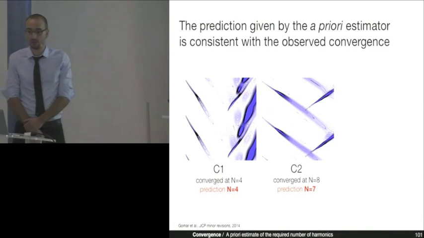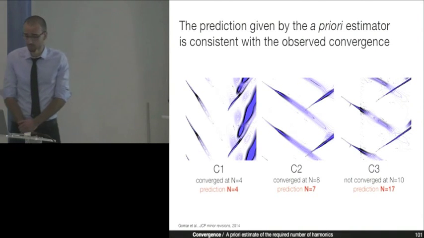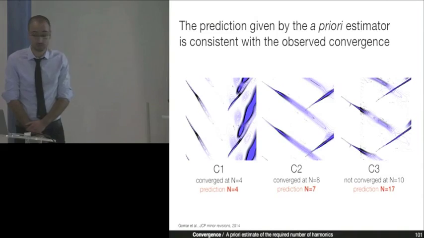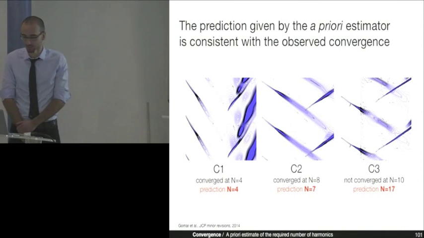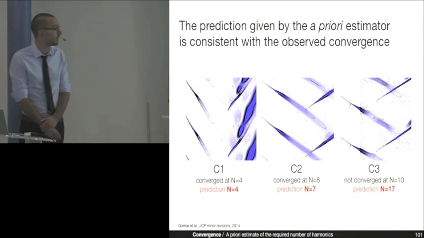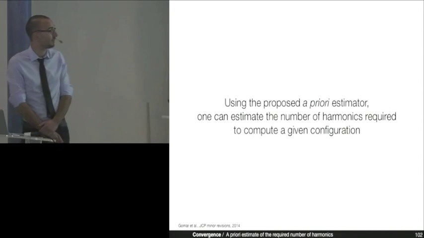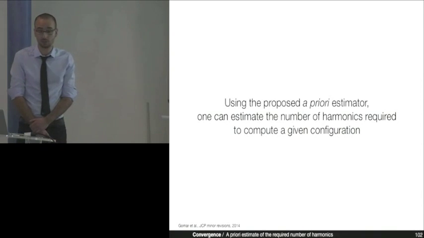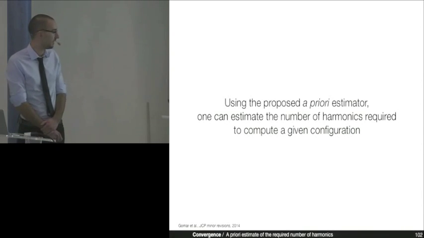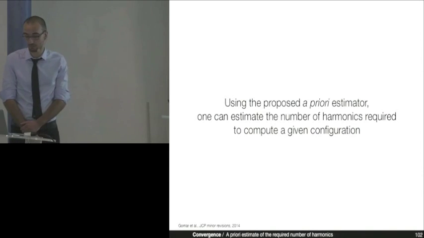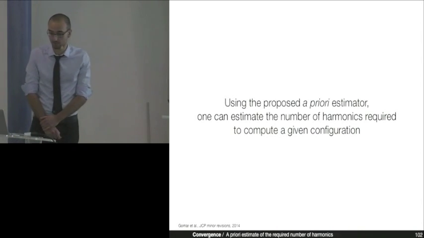And finally, the last configuration shows to be not converged starting at n equals 10, while the prediction says that n equals 17 might be required. So using the a priori estimator, one can estimate the number of harmonics required to compute a given configuration. And this has been submitted to the Journal of Computational Physics and is actually in minor revisions.